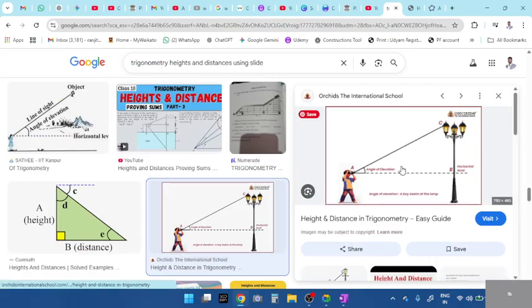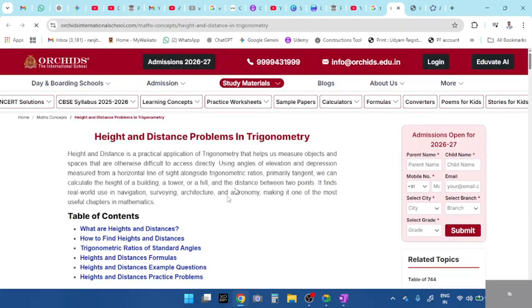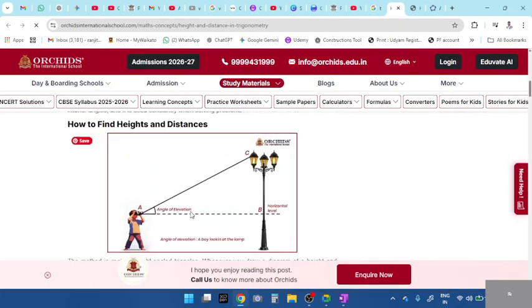See this one, it is clear. Look at this image. Angle of elevation. When a person is looking straight, that is the flat line, students. A boy is standing here. If he is looking flat, that is the dotted line. We call it the horizontal level, or the horizontal line.